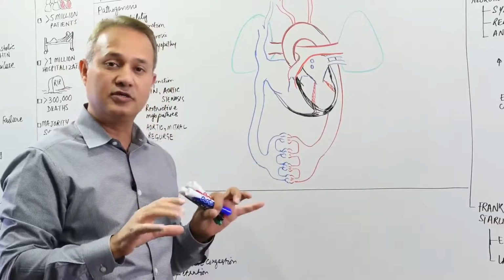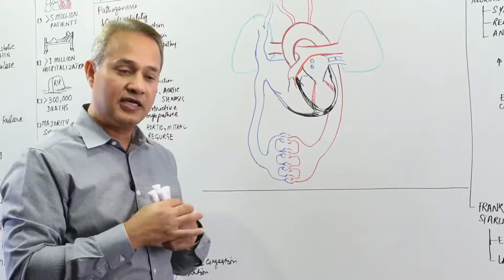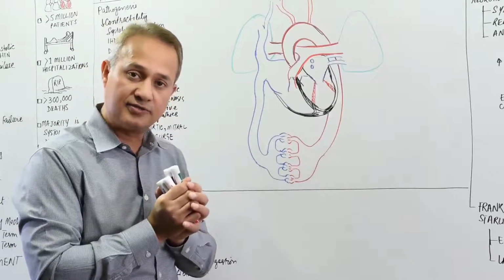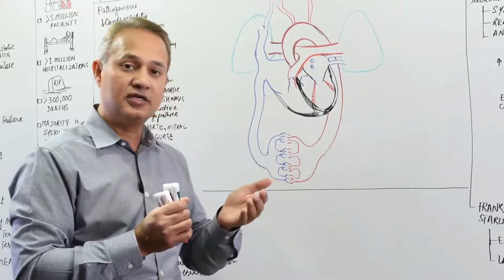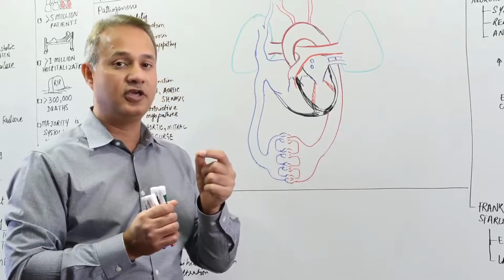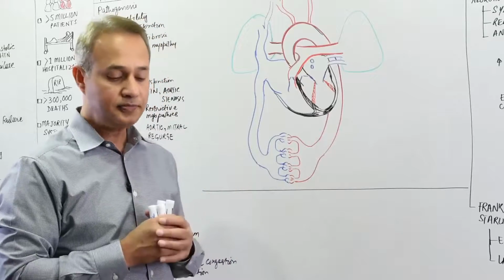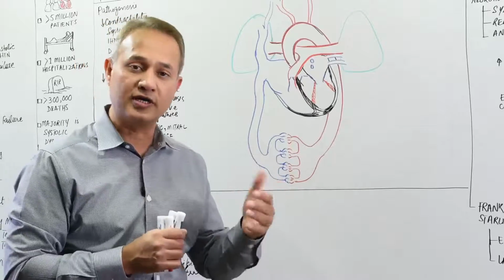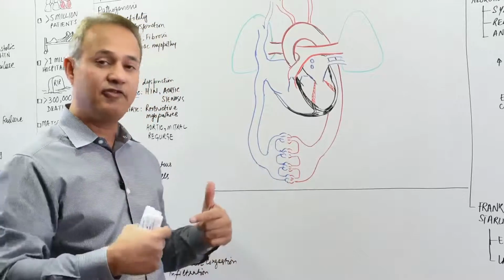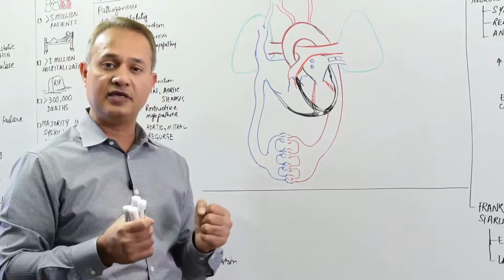Systolic dysfunction or systolic heart failure means that when the ventricle contracts, when it squeezes, it cannot eject the right amount of blood volume that it should eject. That is a systolic failure. Systolic function is not working. There is diastolic failure as well, where diastolic function is not happening correctly.